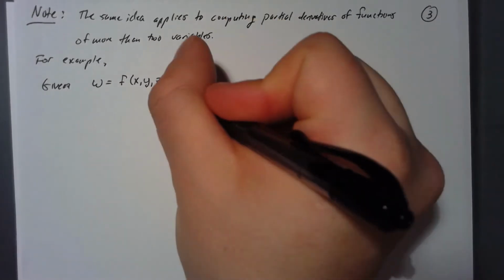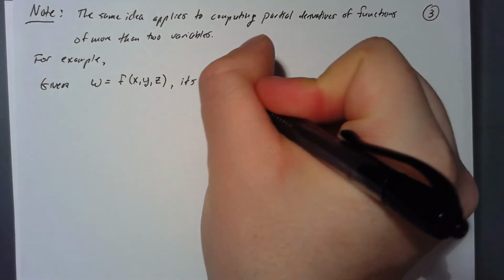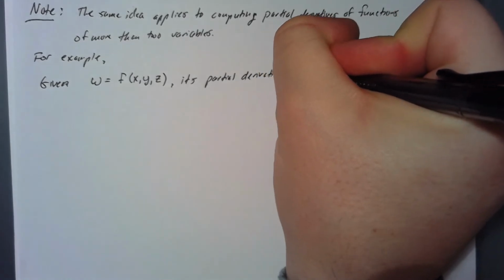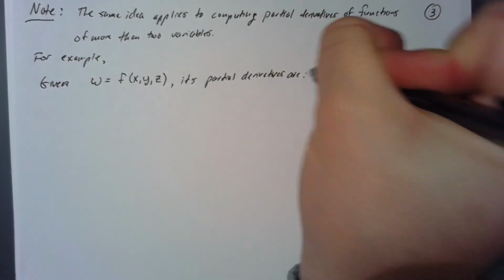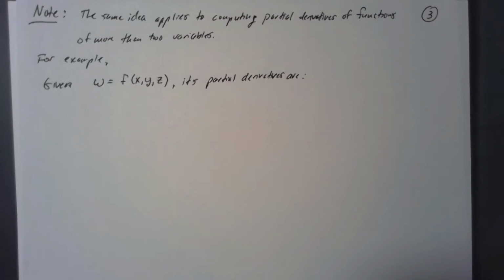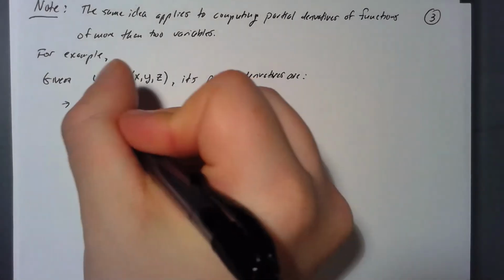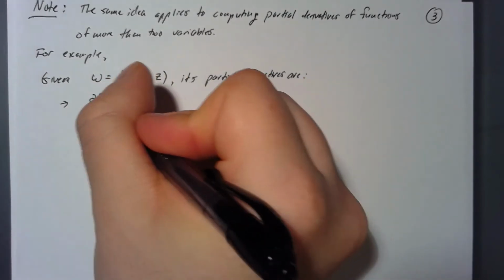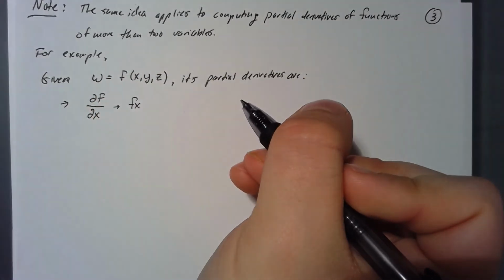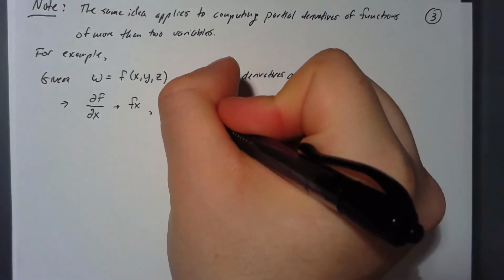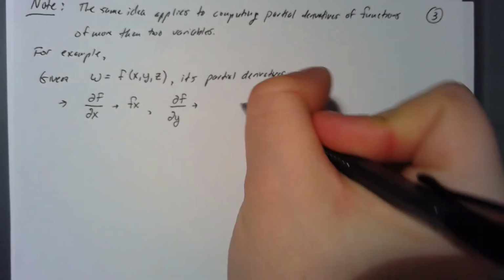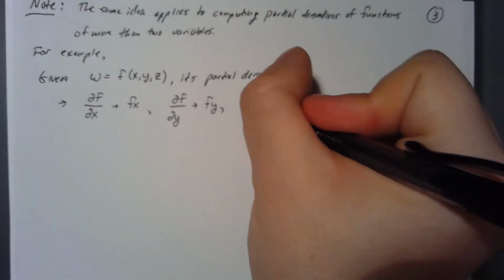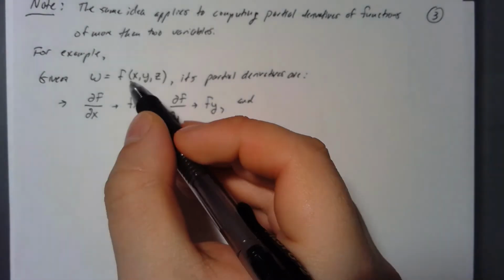So if I'm given that function, its partial derivatives are df dx, which you could write as f sub x, df dy, which you could write as f sub y, and since I'm doing 3 variables, it would be df dz.